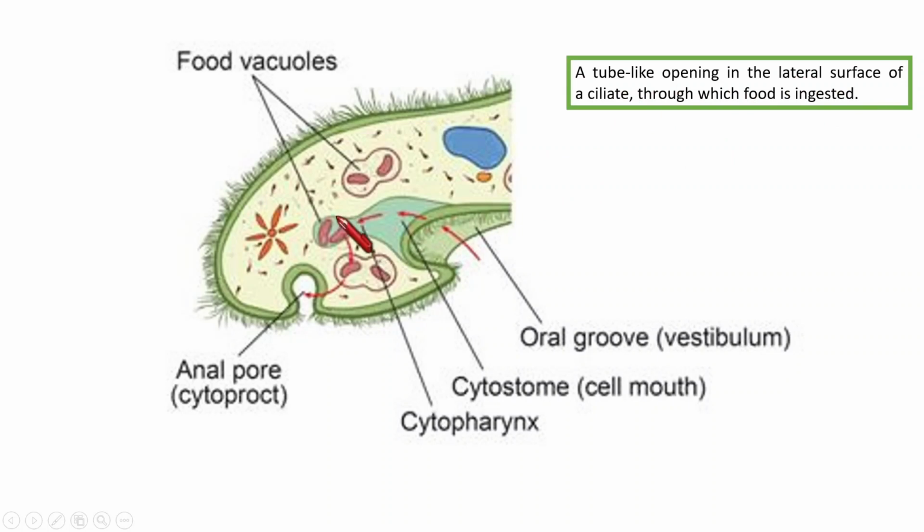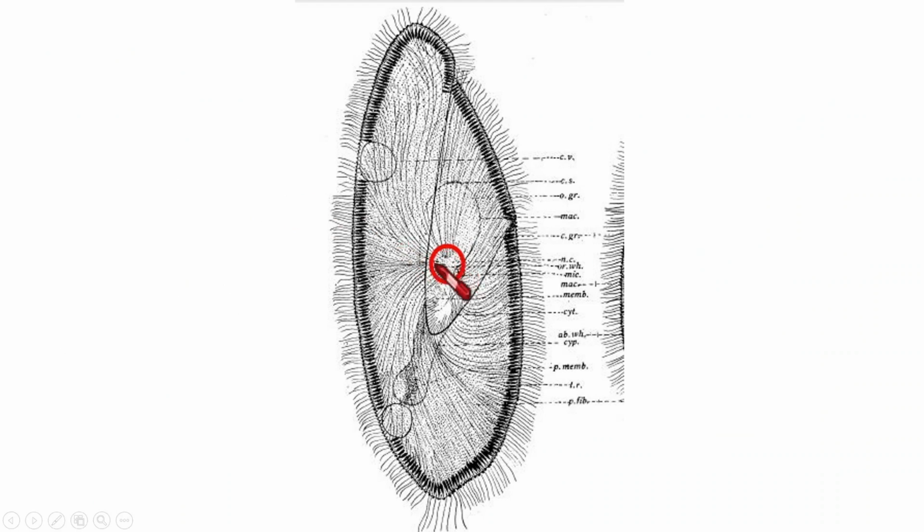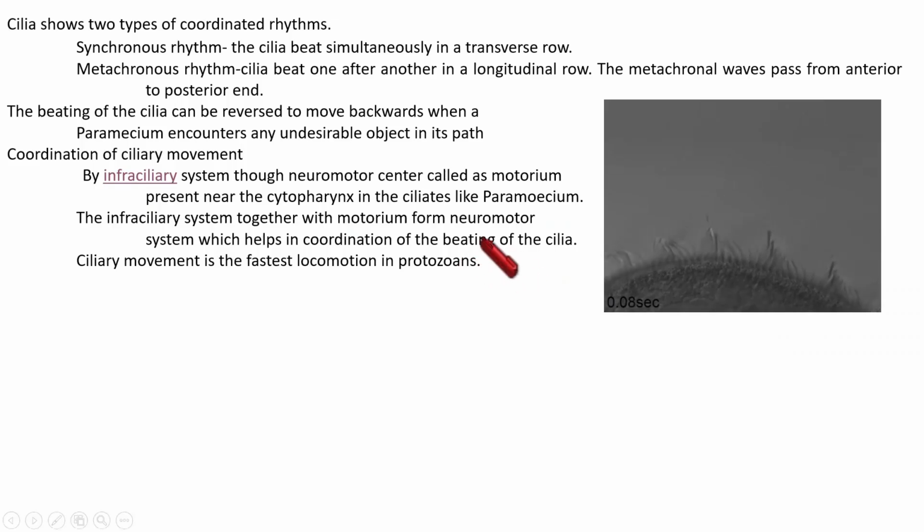So near that cytopharynx is present the neuroregulator center or neuromotor center, called the neuromotor system. It is regulating and controlling the entire beating of cilia. I am going to show that neuromotor system. This is that center. All the beating is regulated and controlled at this center. Okay, that's all about that coordination.